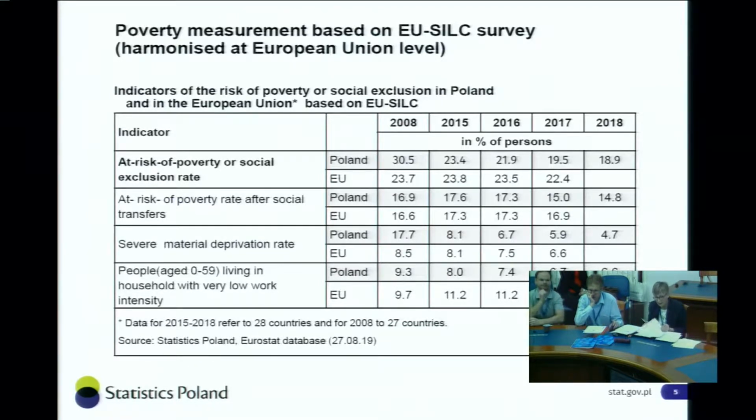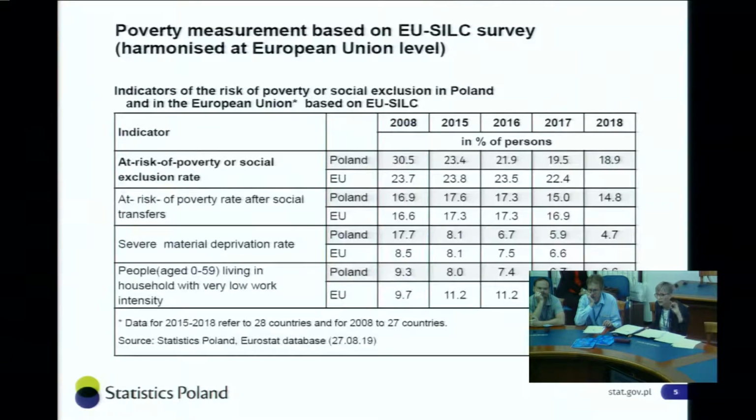So, as you know, one of the targets of the Europe 2020 strategy is to reduce poverty, and the aim is measured by the poverty and social exclusion indicator.